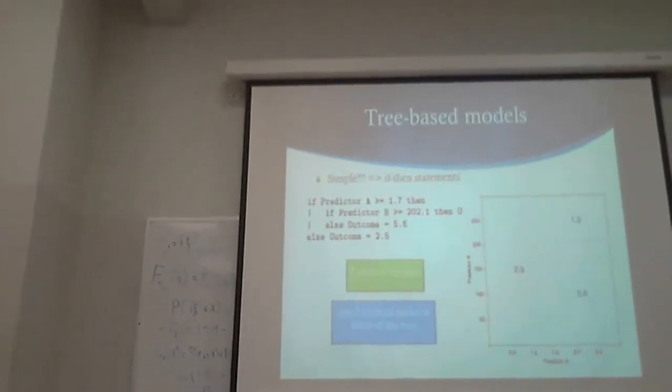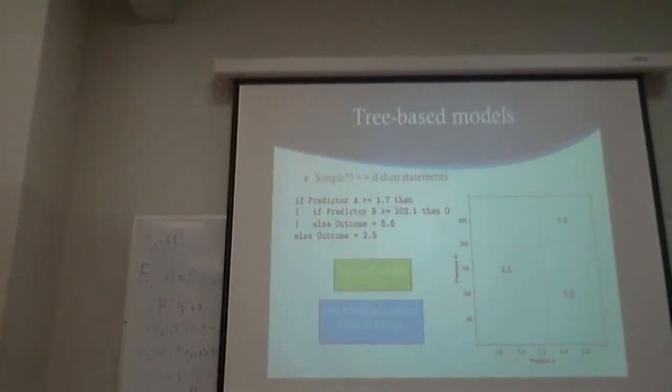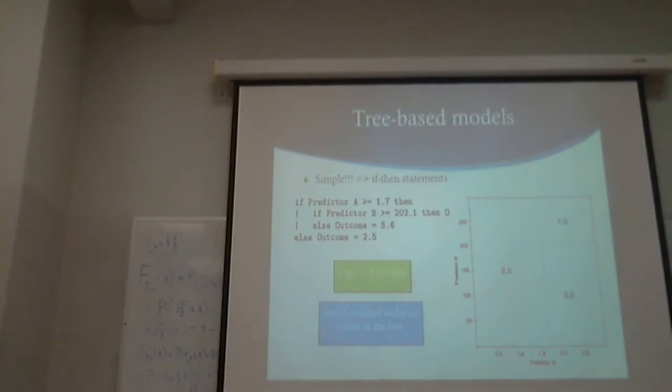You can say that you divide the predictor space into areas. Say the areas are just regular figures like squares or rectangles, because you make an if-then statement.